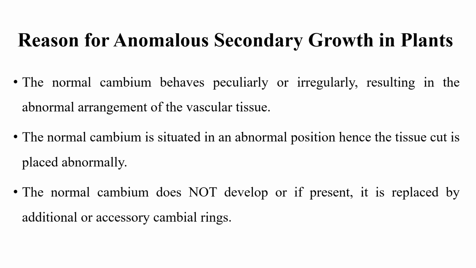So what is the reason for anomalous secondary growth in plants? The normal cambium behaves peculiarly and irregularly, resulting in abnormal arrangement of vascular tissue. Generally, cambium produces phloem towards outside and xylem towards inside, and shows a very systematic pattern of growth.